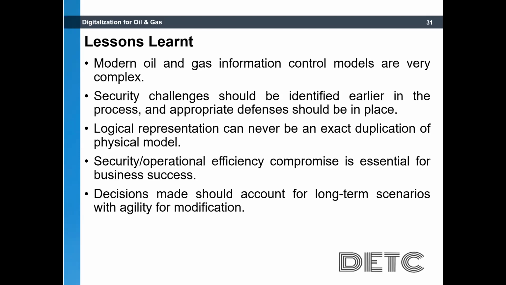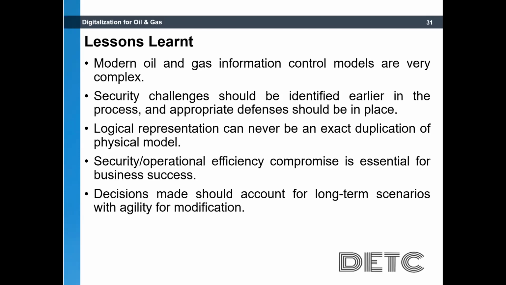The key here is to achieve operational and security efficiency, and you make consensus between the two requirements to achieve successful digital transformation. And the decisions made here need to account for the life of the assets, because most oil and gas assets are long-lasting, 50 years and plus.